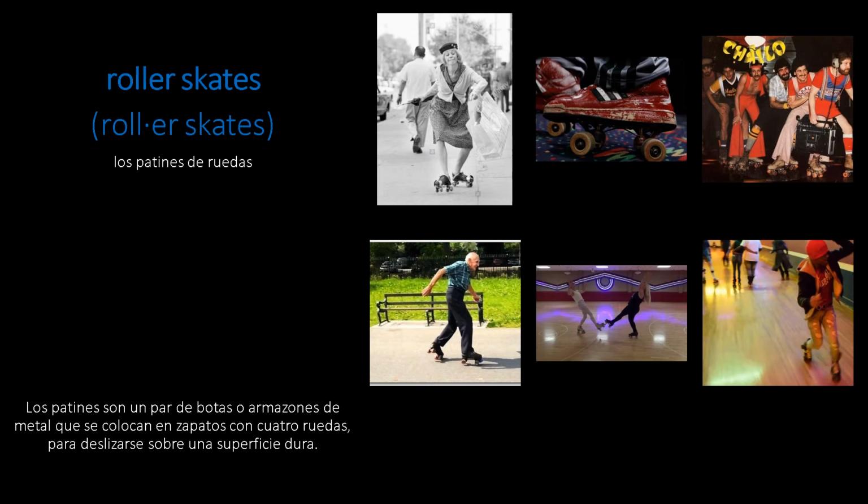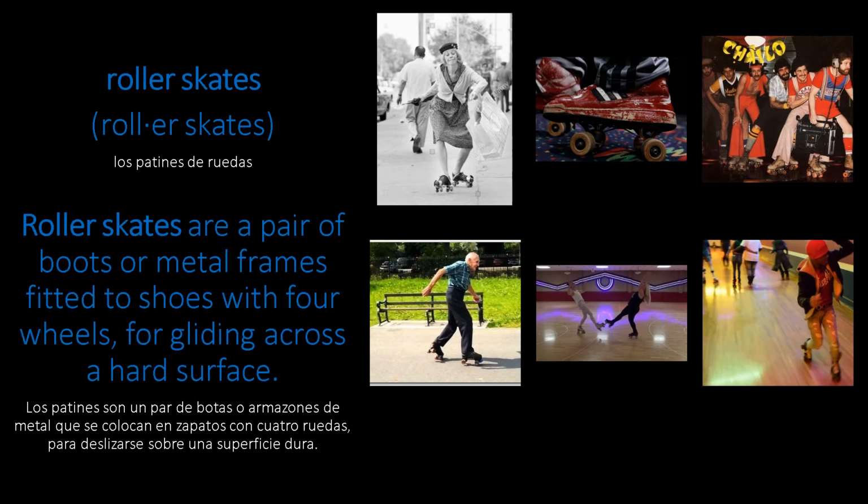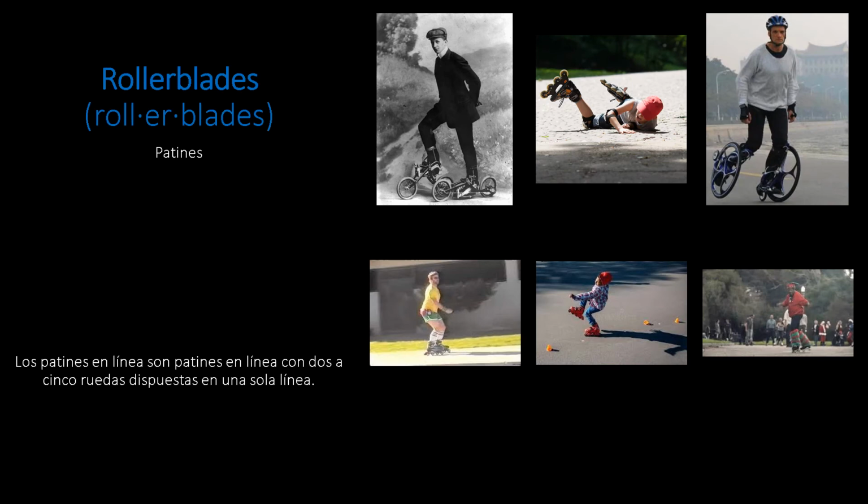Skateboard. A skateboard is a short, narrow board mounted on roller skate wheels and usually ridden standing or crouching. Roller skates. Roller skates are a pair of boots or metal frames fitted to shoes with four wheels for gliding across a hard surface. Rollerblades.